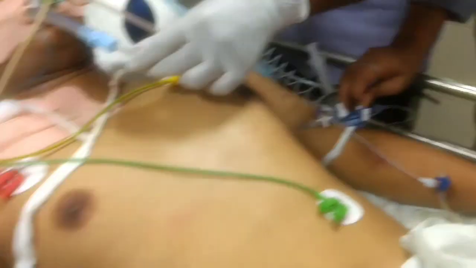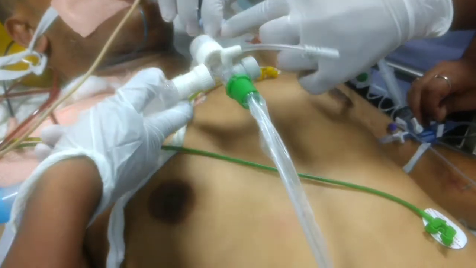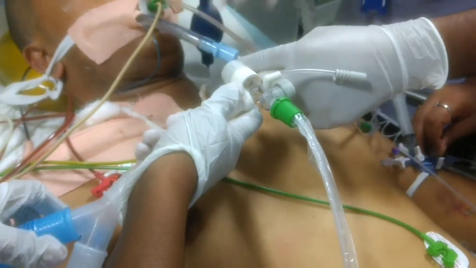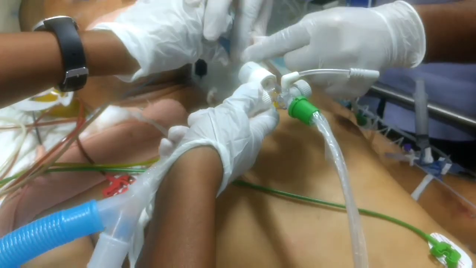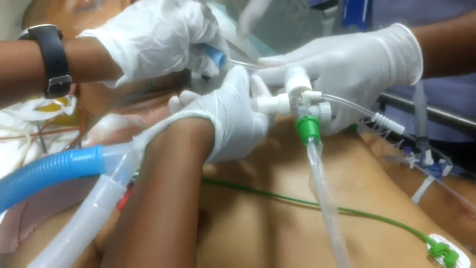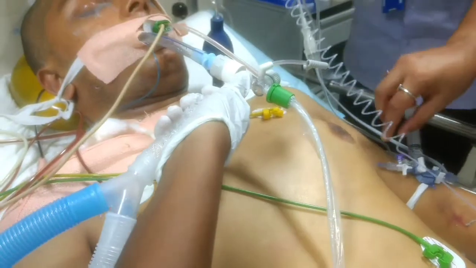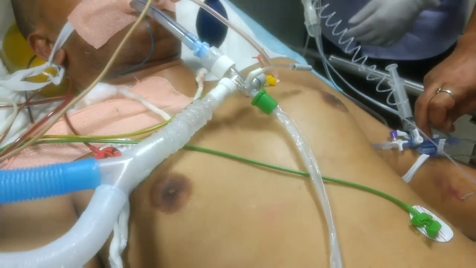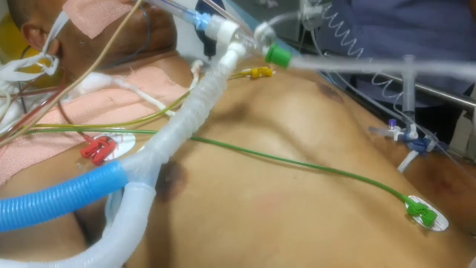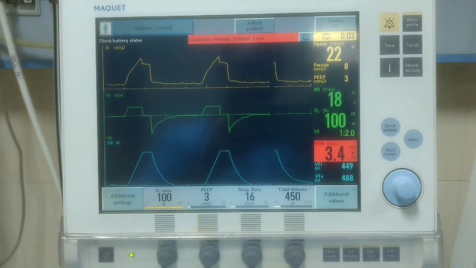Carefully take off the suction catheter which we put in to insufflate the oxygen. Connect the patient to the ventilator and ventilate with 100% oxygen for 10 minutes. Carefully monitor the minute ventilation, respiratory rate, and the tidal volumes.